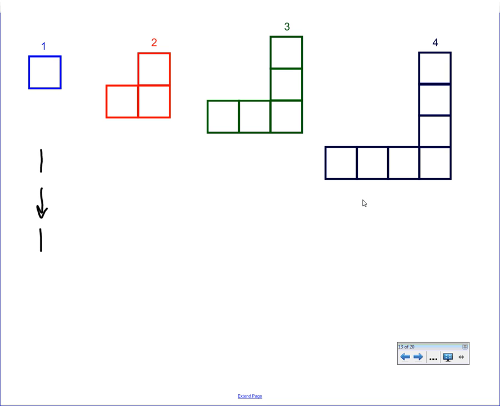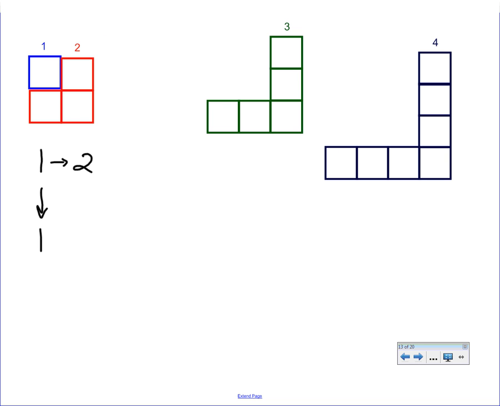Now I'm going to move to a scale factor of 2, and that adds how many blocks? It adds 3 blocks, and it gives me a total of 4. So far, if I square 2, 2 squared equals 4.